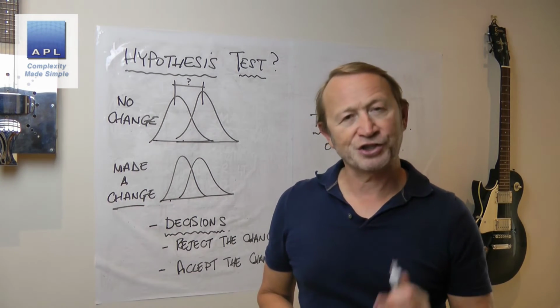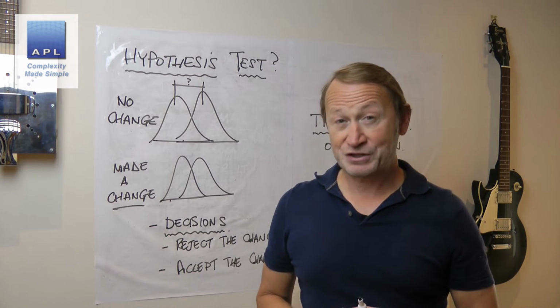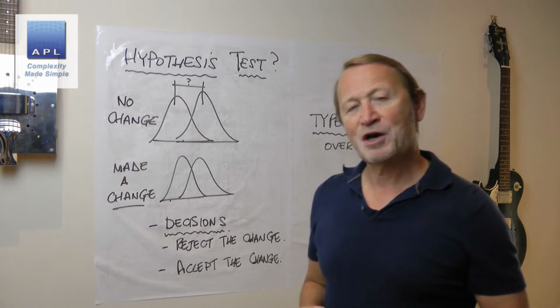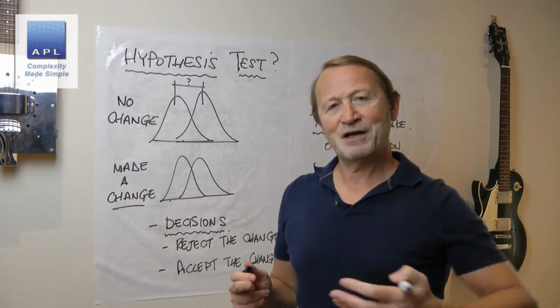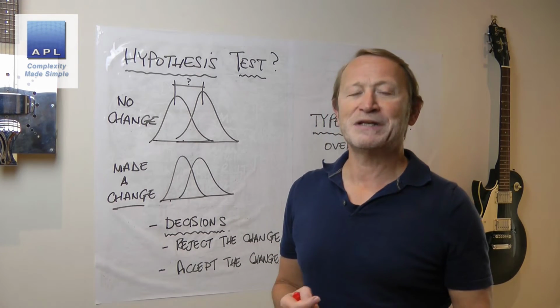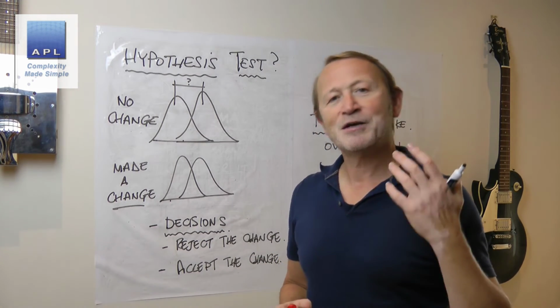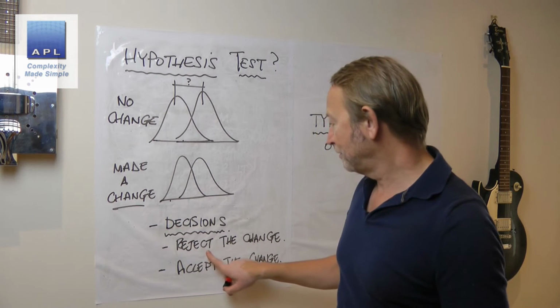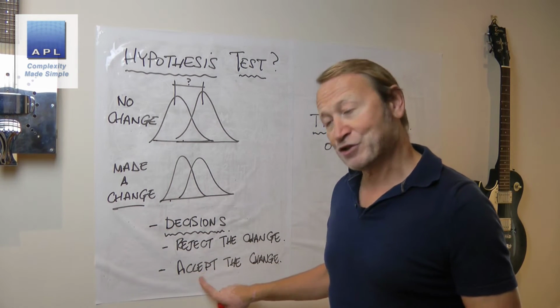Now, the overreaction in hypothesis testing is minimized by your probability value. How certain do you want to be you haven't made a mistake before you judge that you accept the change?